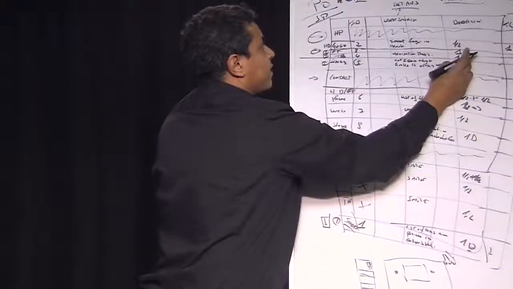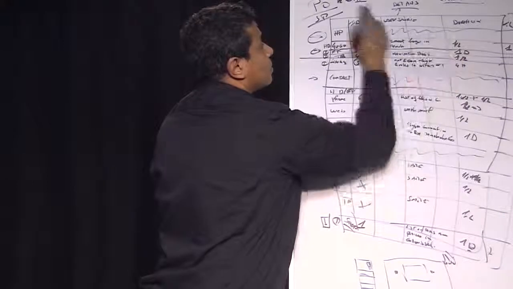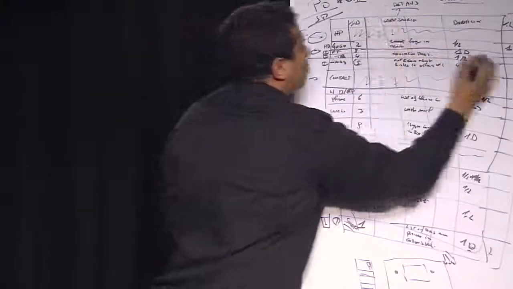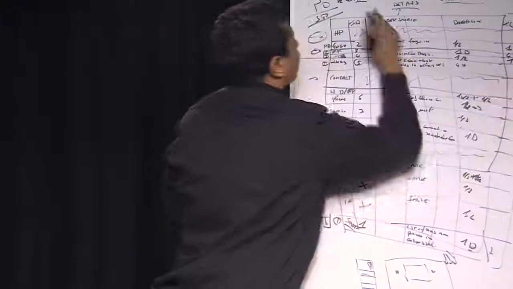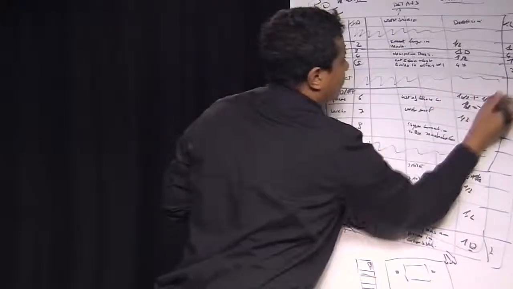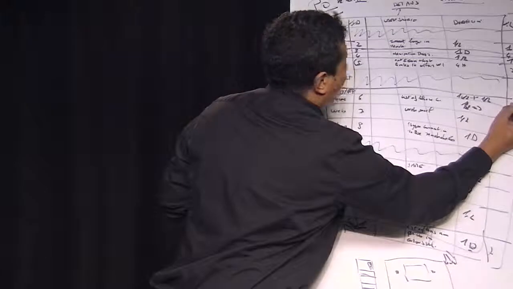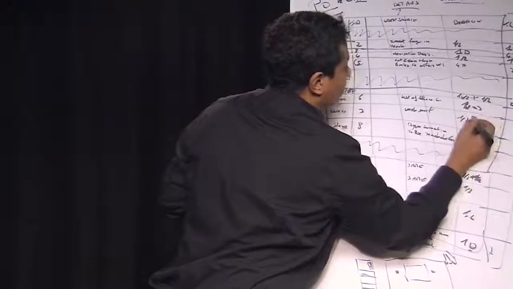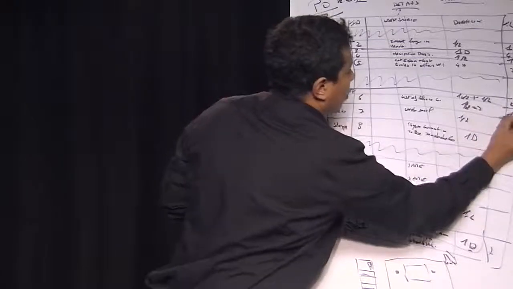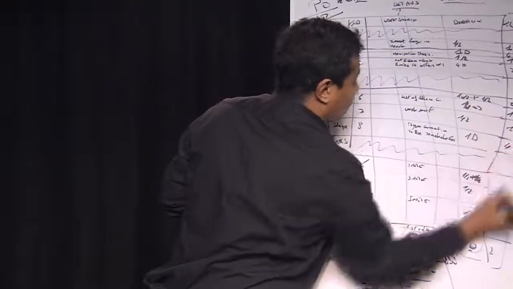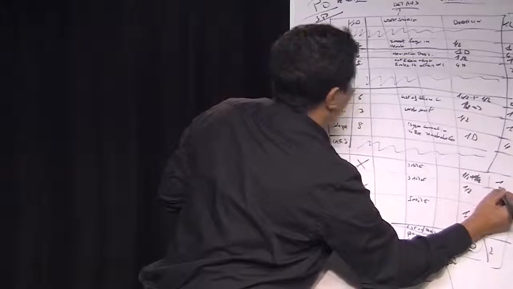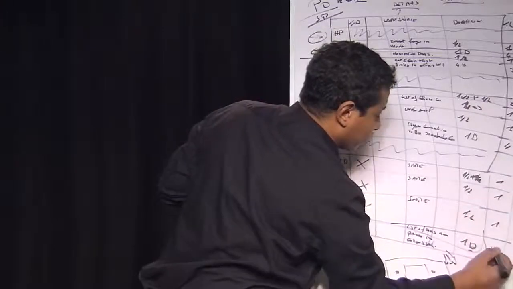As 1 day is 8 hours, 4 points here. 1 point. 4 hours, 2 points. 1 hour, 2 points. Half an hour, 1 point. 1 point. 8 hours, 4 points. 1 point, 1 point, 1 point, 4 points.